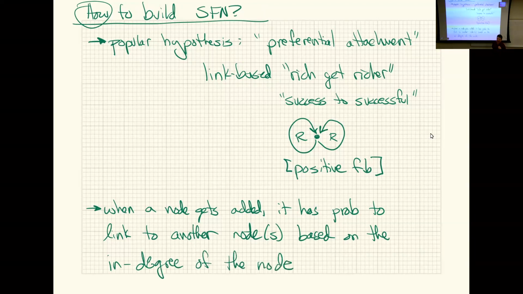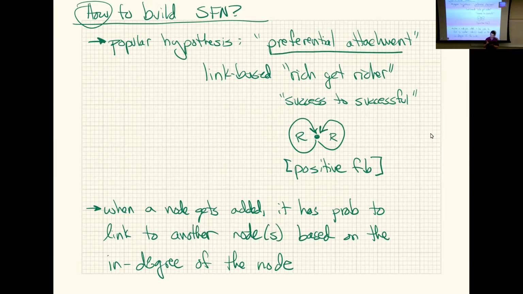And so rather than adding a node and then creating a random link to any other node, whenever a new node is added to a network, someone joins the network, then who do they link to? Well, if they tend to more often than not link to those who already have a relatively large number of others linking to them, then that is what we refer to as preferential attachment.